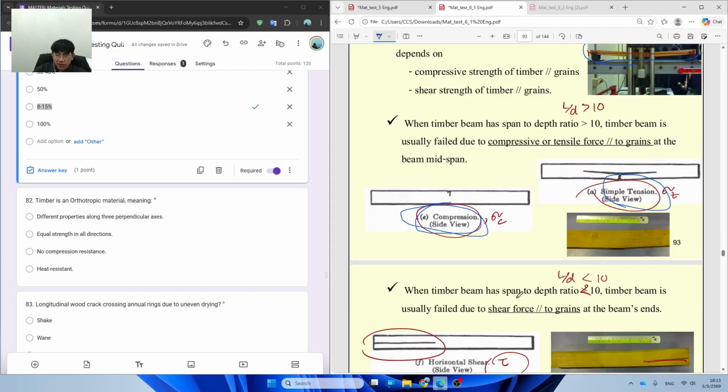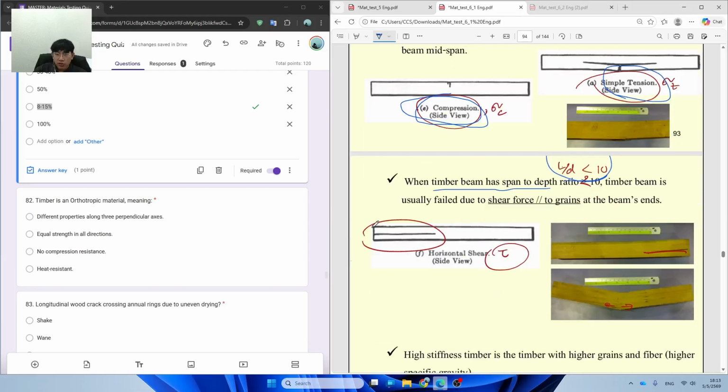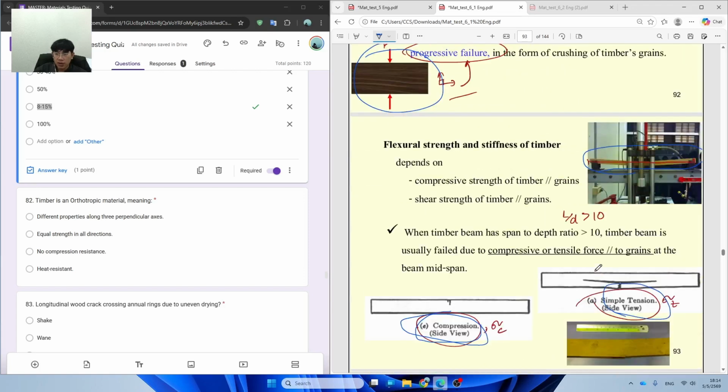But for timber that has a span to depth ratio less than 10, it's going to fail by horizontal shear, which means it's going to fail at the neutral axis, the NA. For the one that has a span to depth ratio larger than 10, it's going to fail in either compressive or tensile force parallel to the grain.